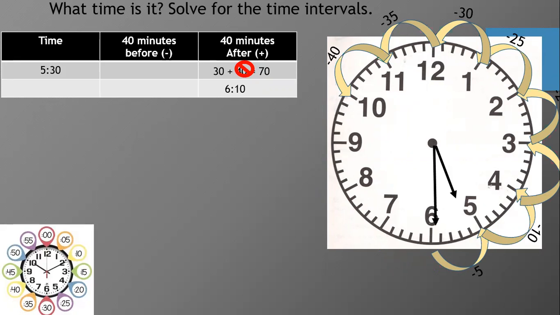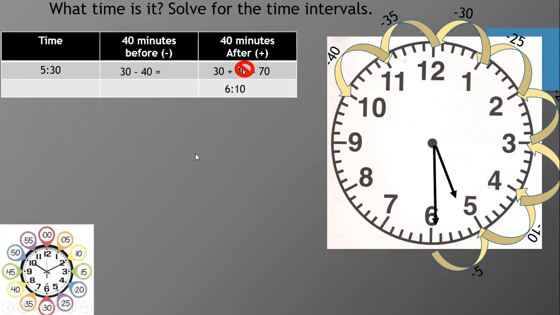Okay, so now we can begin counting backwards. Starting at 5:30, we have 5:25, 5:20, 5:15, 5:10, 5:05, 5 o'clock, 4:55, and 4:50. Okay, so we end up at 4:50.